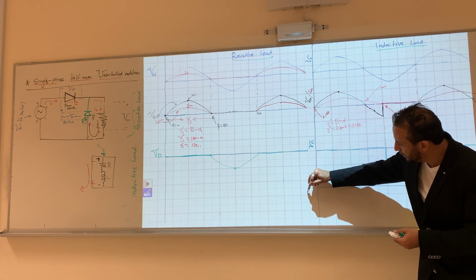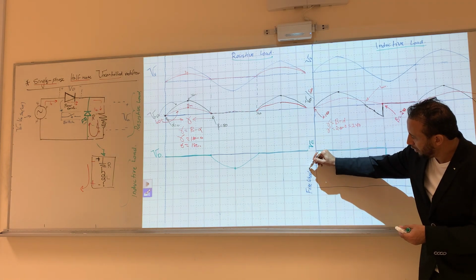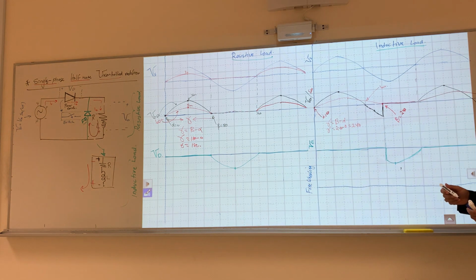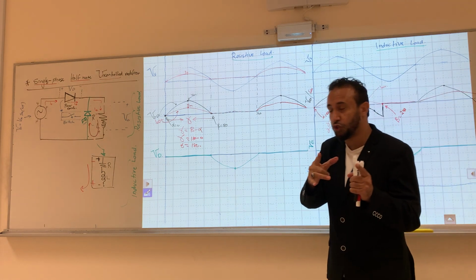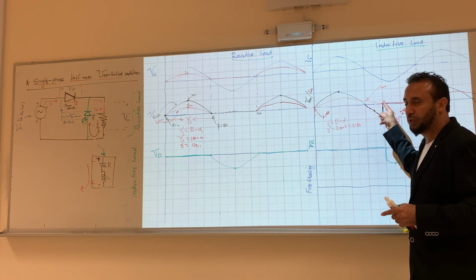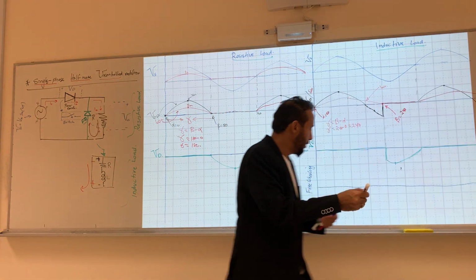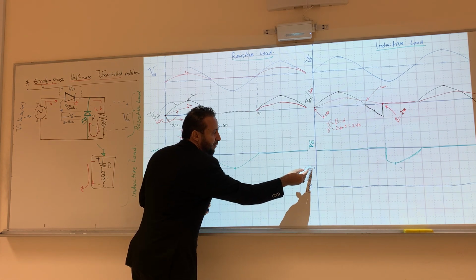This is freewheeling, guys. This is the freewheeling diode. So what will happen? The good thing you will notice in your oscilloscope, in your wave, is that the freewheeling will get rid of the ripple.